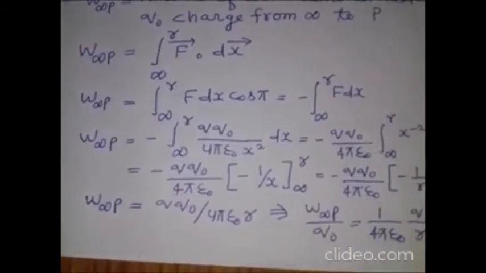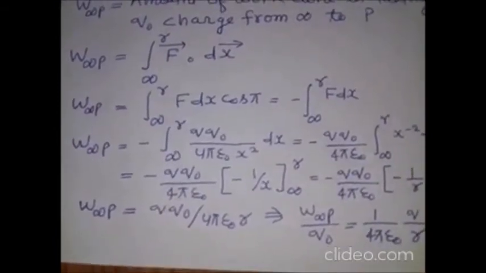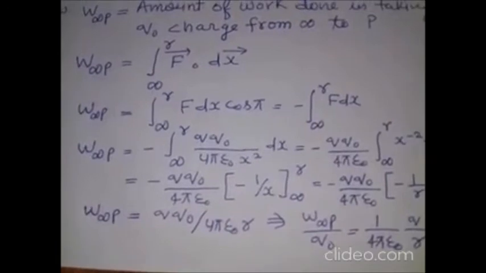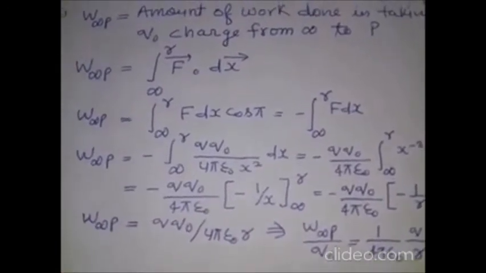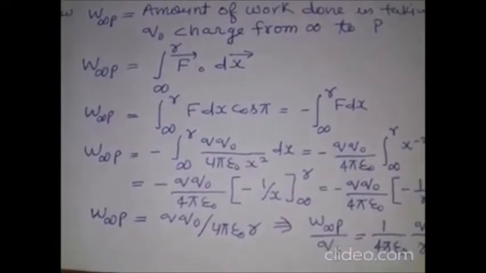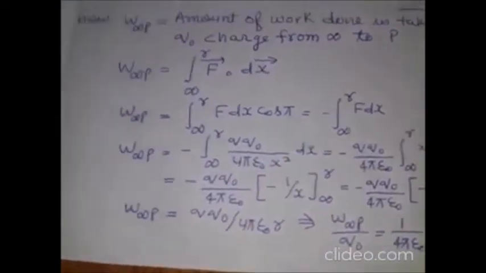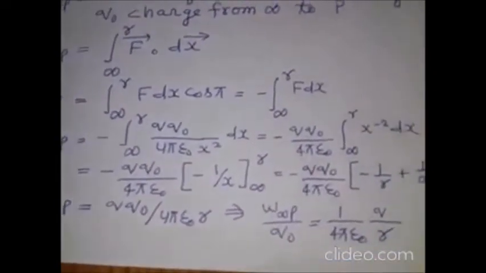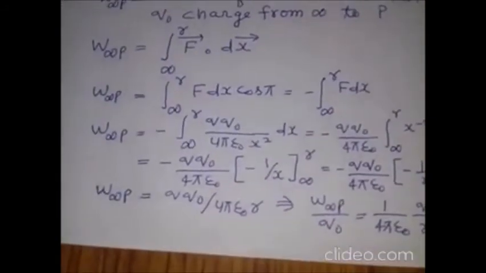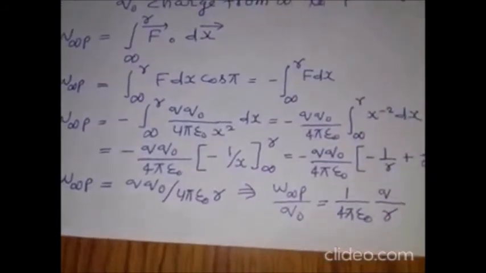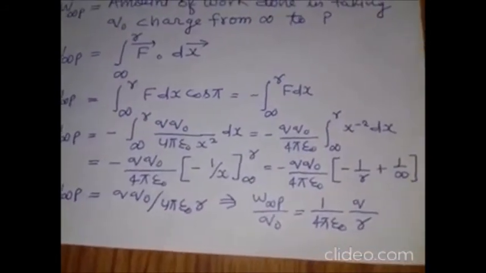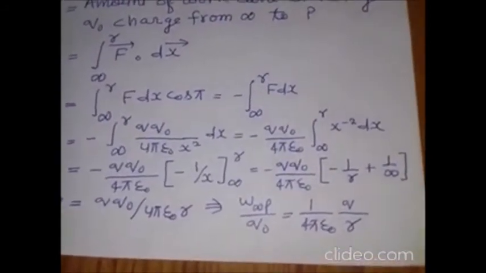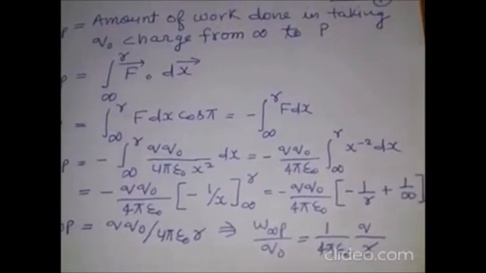W infinity to P is equal to minus the integral from infinity to r of Q naught upon 4 pi epsilon naught x square dx. Q naught upon 4 pi epsilon naught is treated as a constant, so this can be taken out of the integral. So W infinity to P is equal to minus Q naught upon 4 pi epsilon naught times the integral from infinity to r of x to the power minus 2 dx.